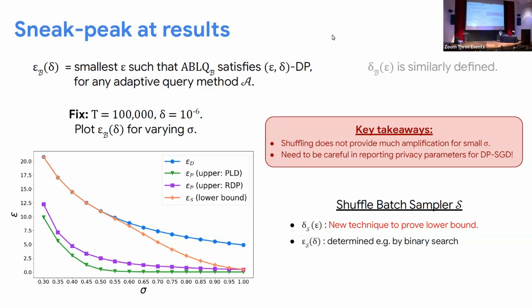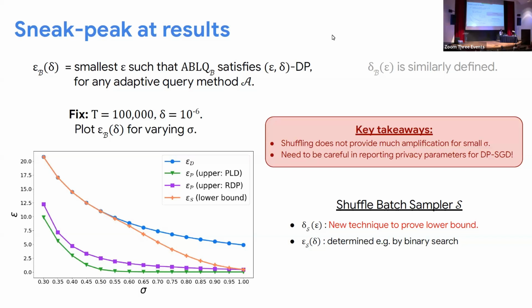But we can see already that there's a gap between the epsilon for the shuffle batch sampler versus the Poisson subsampling batch sampler, especially at the low sigma. So this is actually quite bad if you are using shuffling to sample your batches, but you actually use the privacy parameters for Poisson subsampling.